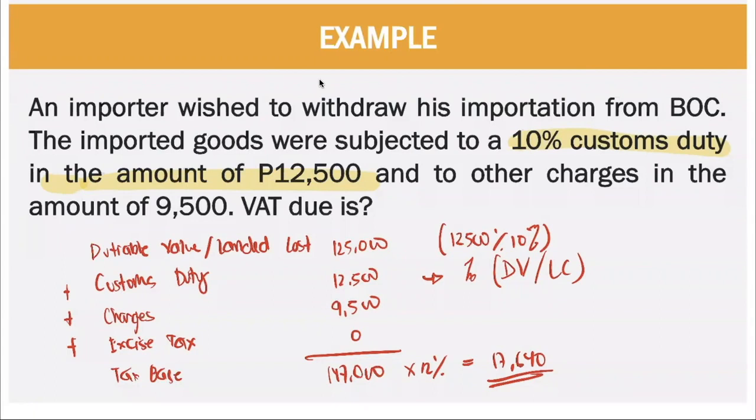So if you already know the items that are exempt, when the problem says this is what he imported, don't just compute right away, because it is exempt. Please be careful. Although it is easy, since you just get the tax base and multiply it, be careful when it is an exempt good. So again, know the transactions on importation that are considered exempt.